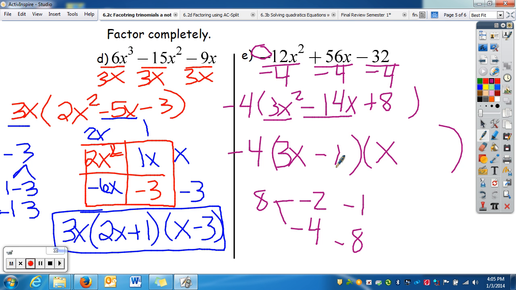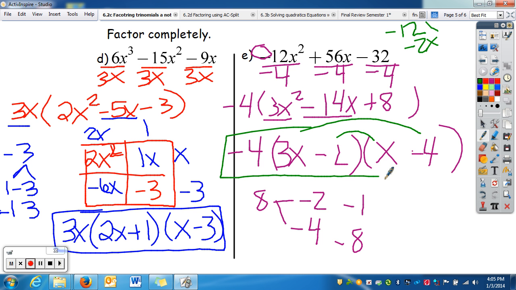So let's try negative 2 and negative 4. So remember the inside and the outside. I get negative 12 and negative 2x. And that's negative 14x. I got lucky right away from the start. Sometimes you do, and sometimes it might be your last one. So there are my final answers.